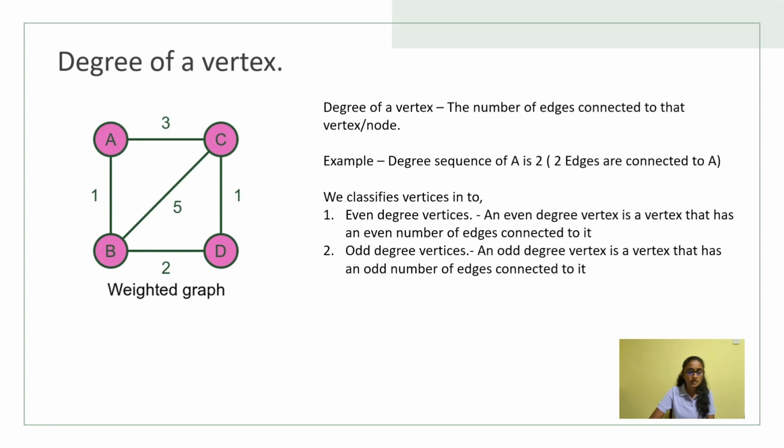For example, if a vertex has 2 edges connected to it, its degree is even. Odd degree vertices: an odd degree vertex is a vertex that has an odd number of edges connected to it, such as 1, 3 or 5. For example, if a vertex has 3 edges connected to it, its degree is odd.